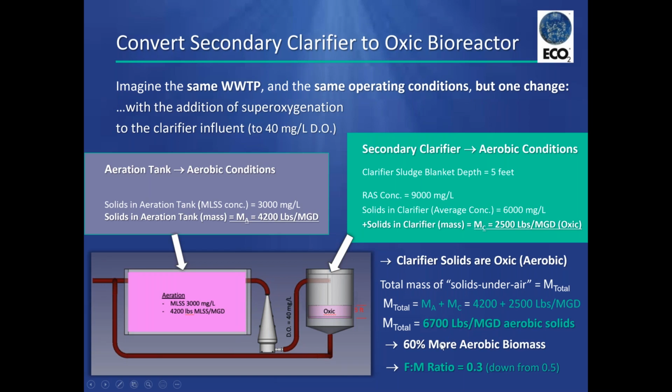And we have increased the capacity of that plant by 60% simply by doing something to the influent to the secondary clarifier. So if the plant was designed for an F to M of 0.5, now we've dropped the plant F to M ratio down to 0.3. So let's look at the next slide here.